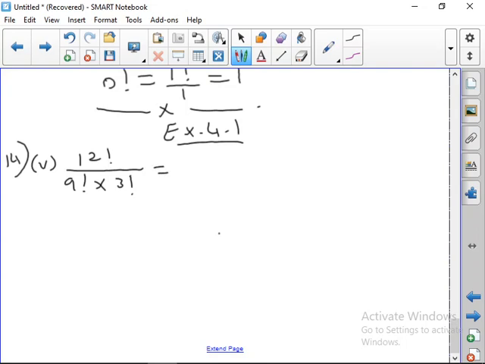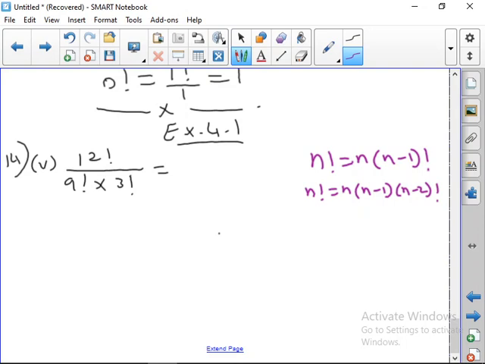Now this 12 factorial, using n factorial is equal to n into n minus 1 factorial, or further we can also write it as n factorial is equal to n into n minus 1 into n minus 2 factorial, and it goes on like that.